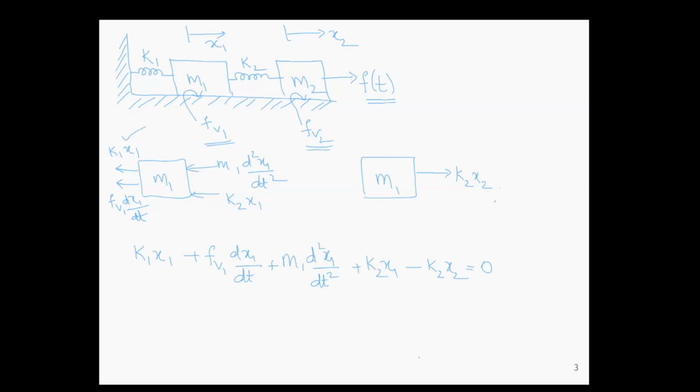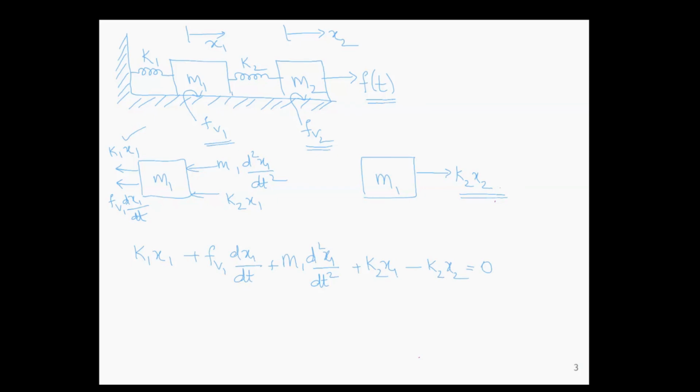And due to the spring attached between M1 and M2, we have K2 x1. Now there is some force which is aiding the motion of M1. That is due to the displacement x2. Mass M1 is connected to mass M2 using a spring with a spring constant K2, so there is a force which aids M1.